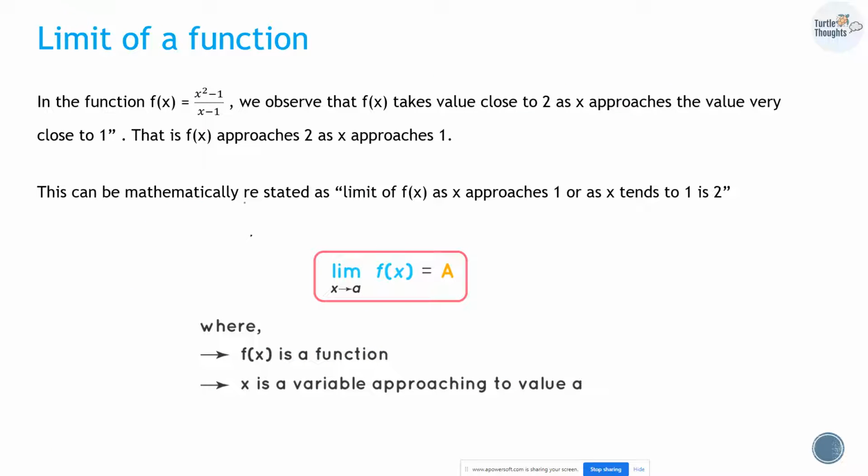This can be mathematically restated as limit of f of x as x approaches 1, or as x tends to 1, is 2. So generally I can write limit of function f of x as x tends to small a is equal to capital A, right?